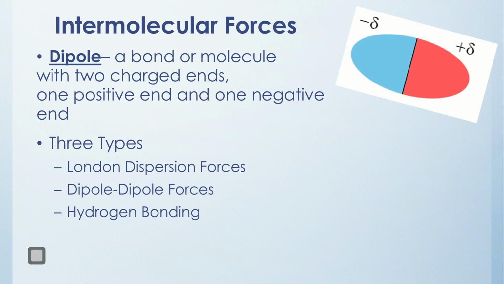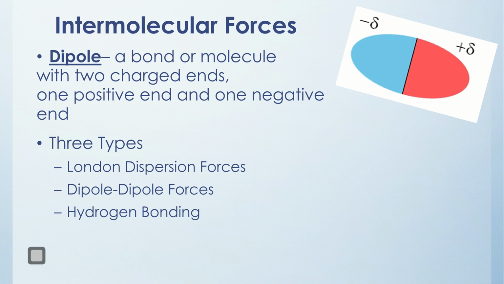So what we need to talk about real briefly here is, in intermolecular forces, we're going to be talking about something called a dipole. And a dipole is when you have a bond or molecule with two charged ends. All right, one positive end and one negative end. This is not a full ionic charge like -1, -2, -3, +1, +2, +3. We call this a partial charge.